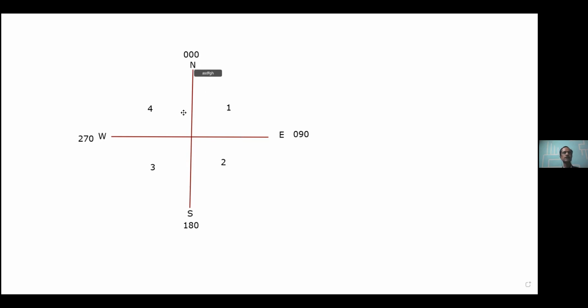Like we start measuring 001, 002, 003, 004, 005, 006, 007, 008, so on up to 090. Then 091, 092, 093, 094. 1 degree, 1 direction.